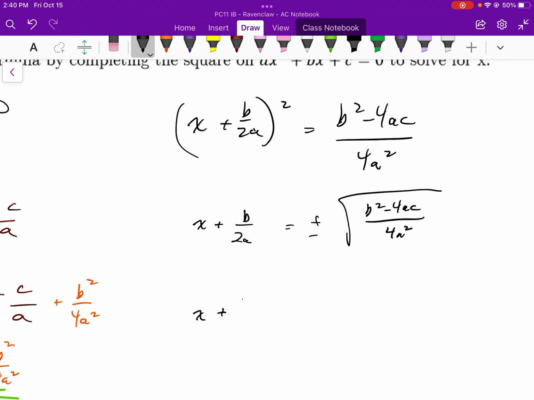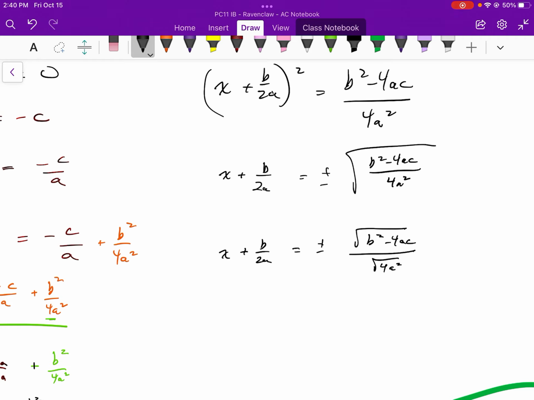So I'm just going to clean up a little bit of the mess here, and apply the square root to both the top and bottom: the square root of b squared minus 4ac all over the square root of 4a squared. So I'm just going to distribute the square root to both my numerator and my denominator.